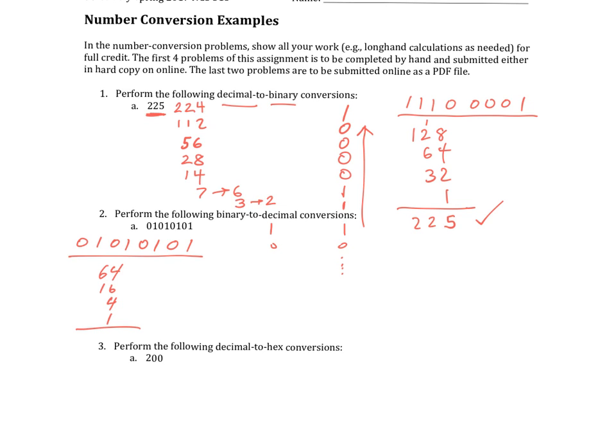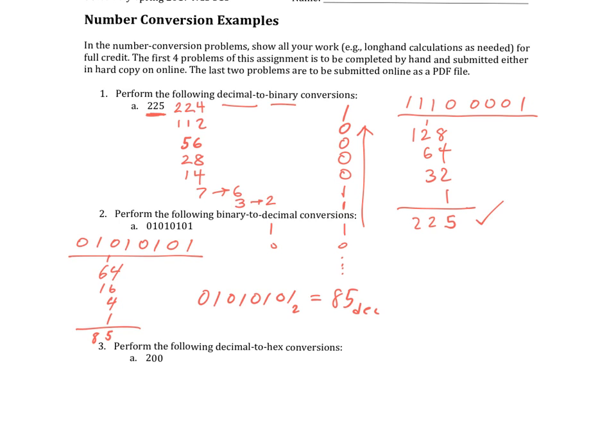And we add these up, 64, 80, 84, 85. And so 0, 1, 0, 1, 0, 1, 0, 1 binary is equal to 85 in decimal.